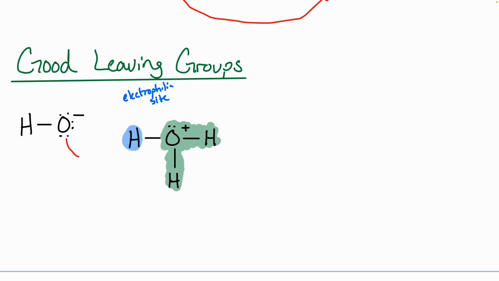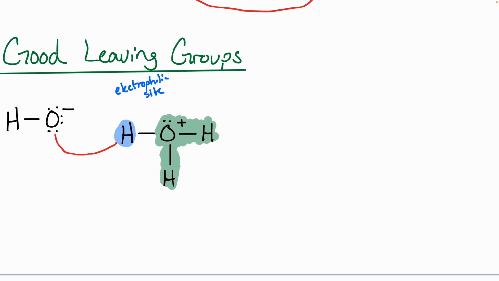So that pair of electrons comes and attacks that hydrogen, kicks off that water molecule as a leaving group. It's a good leaving group because it's neutral, nice and stable. In this case, I just form another water molecule.